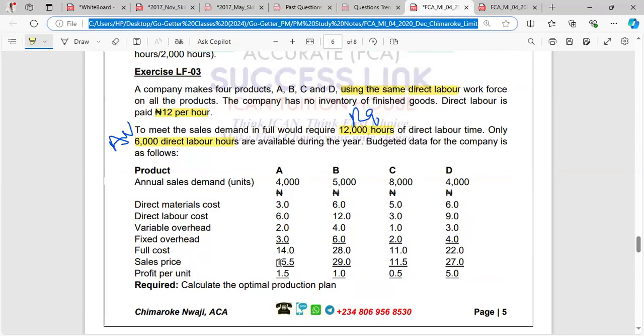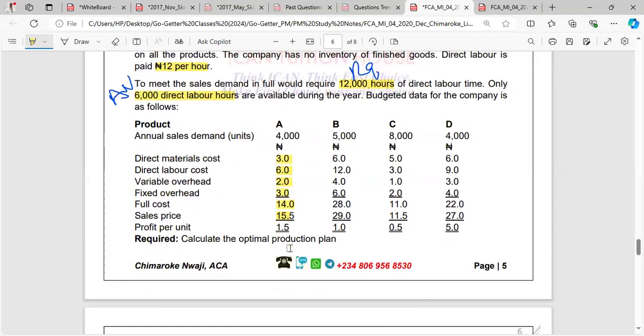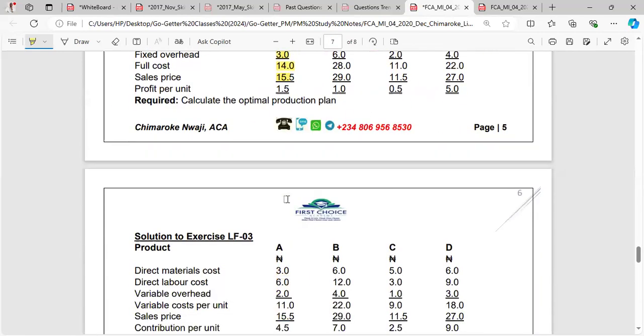Now you are given selling price and you are given variable costs. You are given direct material cost and direct labor cost and fixed overhead. So this is your full cost. The only thing that is not variable here is the fixed cost. So all you need to do is list all the variable costs.